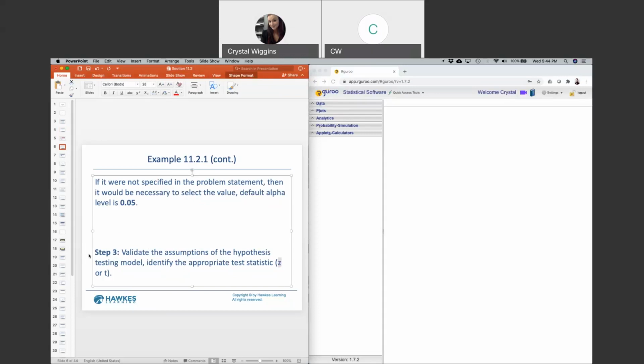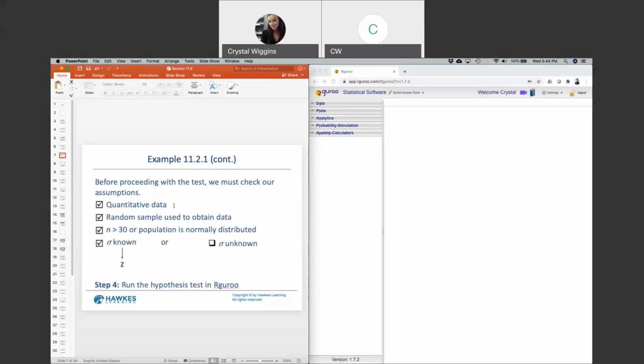In order to use a T, we would not know sigma, the population standard deviation. We would only know S, the sample standard deviation, and our sample size either needs to be large enough, which it typically isn't when we're using T. So we really need to make sure that it says it's from a normally distributed population.